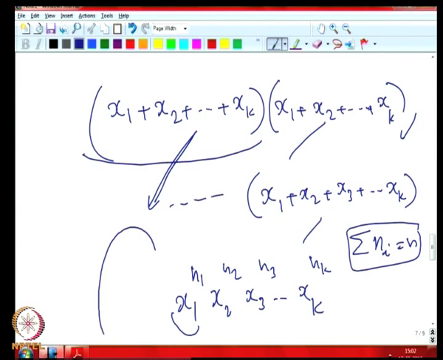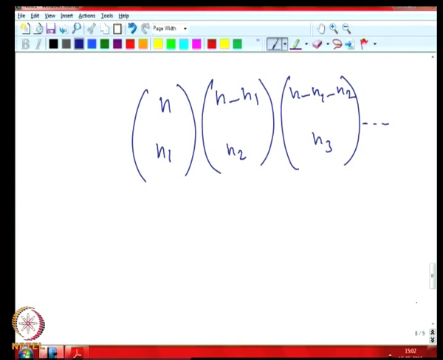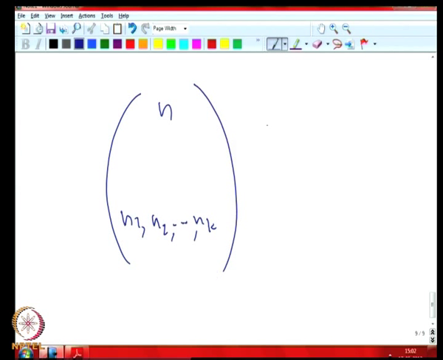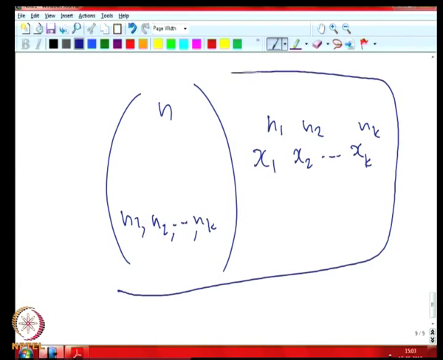The coefficient of this term will be n factorial by n1 factorial into, say, nk factorial, which we will write in the multinomial coefficient notation as n choose n1, n2, nk, times x1 raised to n1, x2 raised to n2, xk raised to nk. This will be the typical term which we will get.